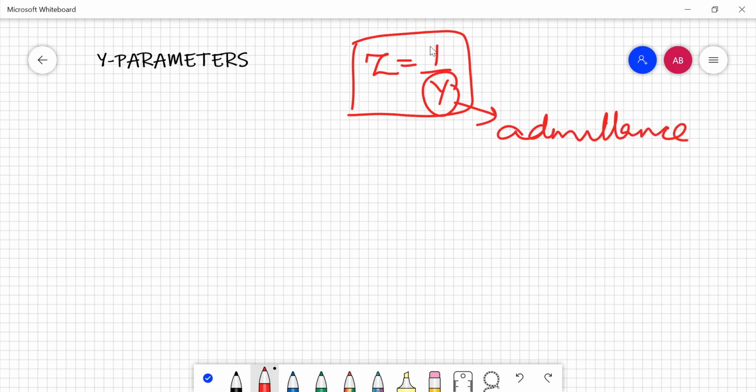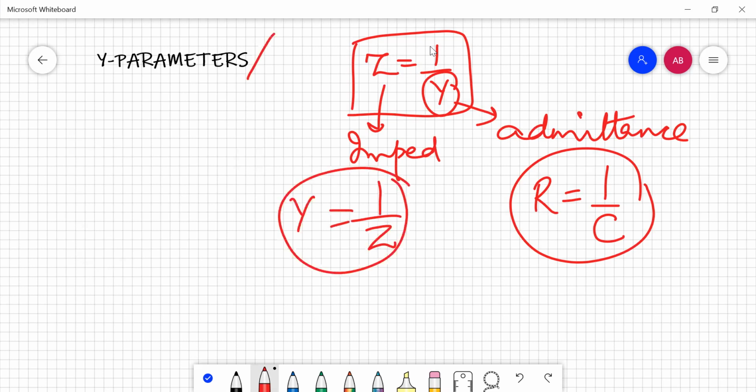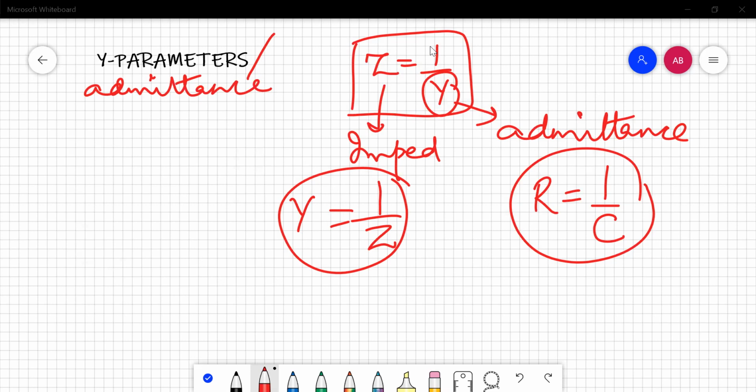As you define the relation between resistance and conductance, in a similar way you define the relation between impedance and admittance. The reciprocal of impedance will give you the value of your admittance, and that is why these parameters are also known as admittance parameters. So they can come with any name in your exams. You need to know all three names by which they are called.